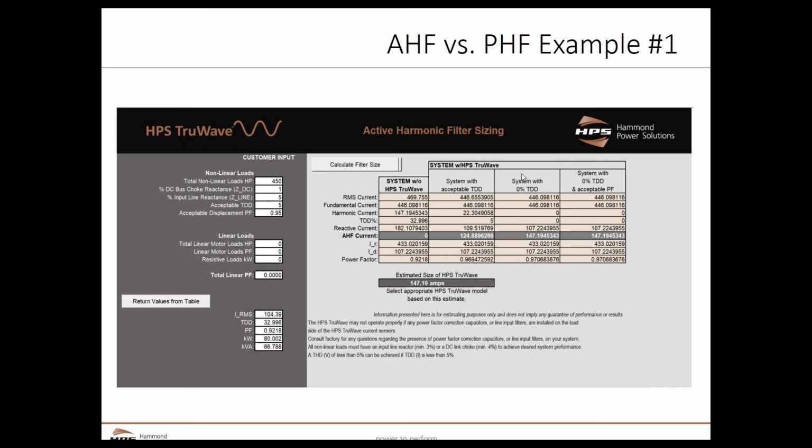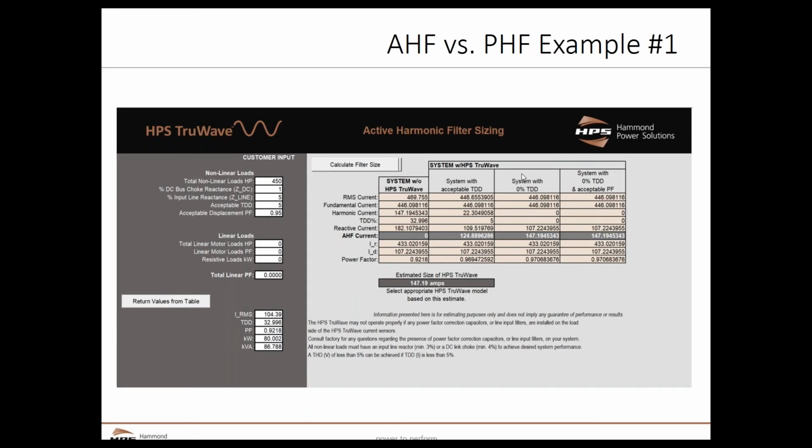So in this case, we have a minimal DC choke and a 5% line reactor. You can also put in linear loads such as motors that run across the line or resistive loads like electric heating.